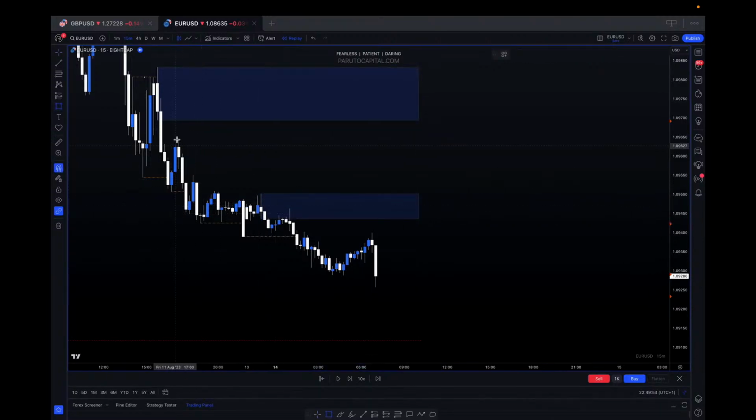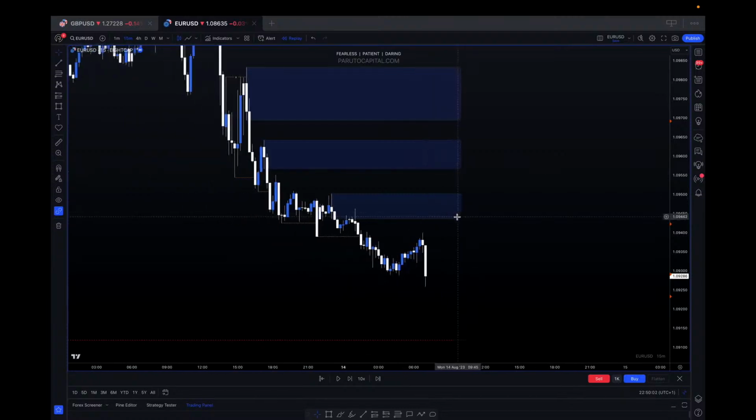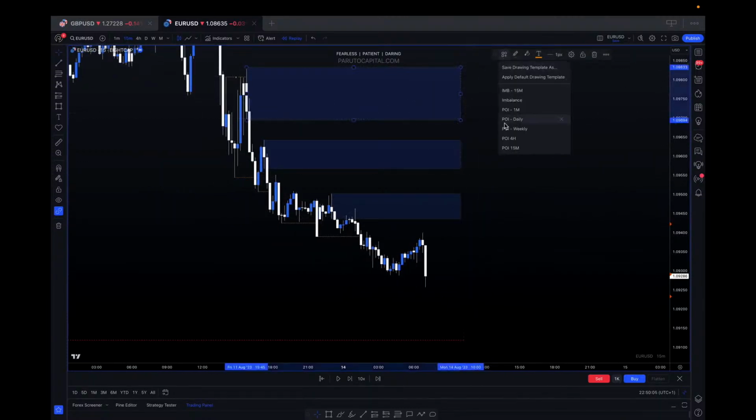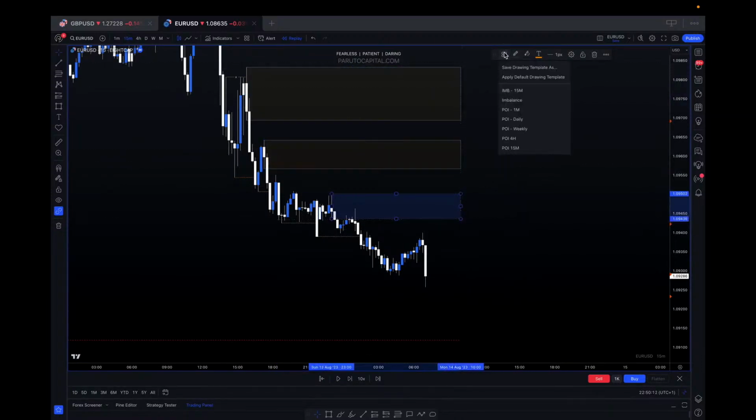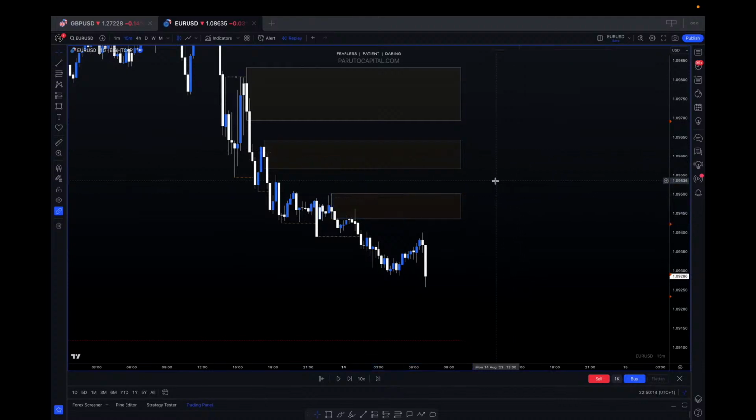But what would determine if we take a trade from these areas? We need to see certain things. So one, we'll need to see, for example, I changed the color of this one, so that's now my 15 minutes POI color.